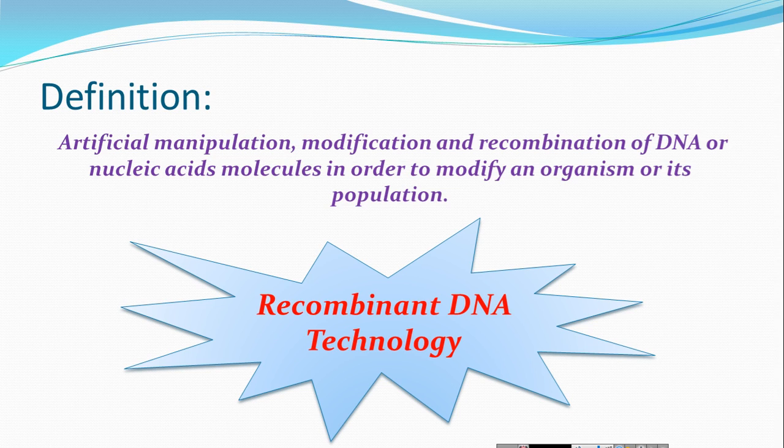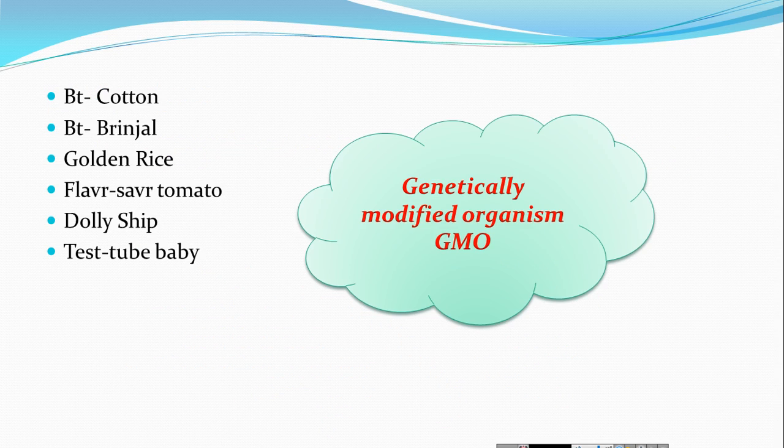This recombinant DNA technology has some valuable economically important creations like Bt plants such as cotton, brinjal, banana, potato and tomato, which are possible due to genetic engineering tools.